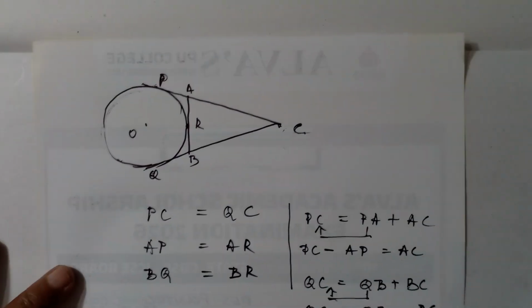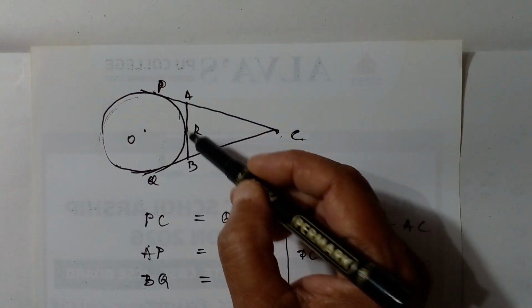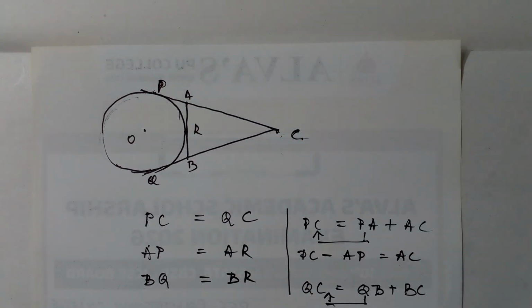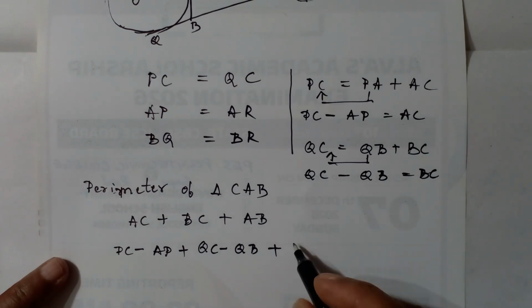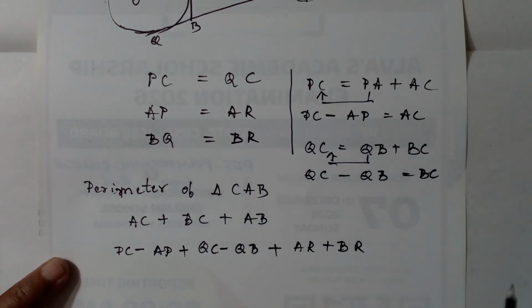Plus AB, that is the sum of the two lengths, AR plus BR. So I want to write AB as AR plus BR.